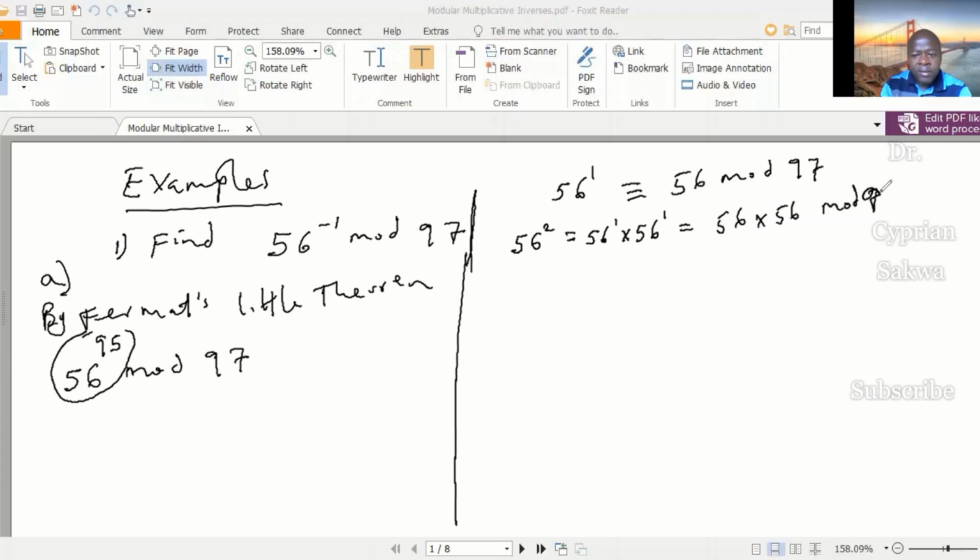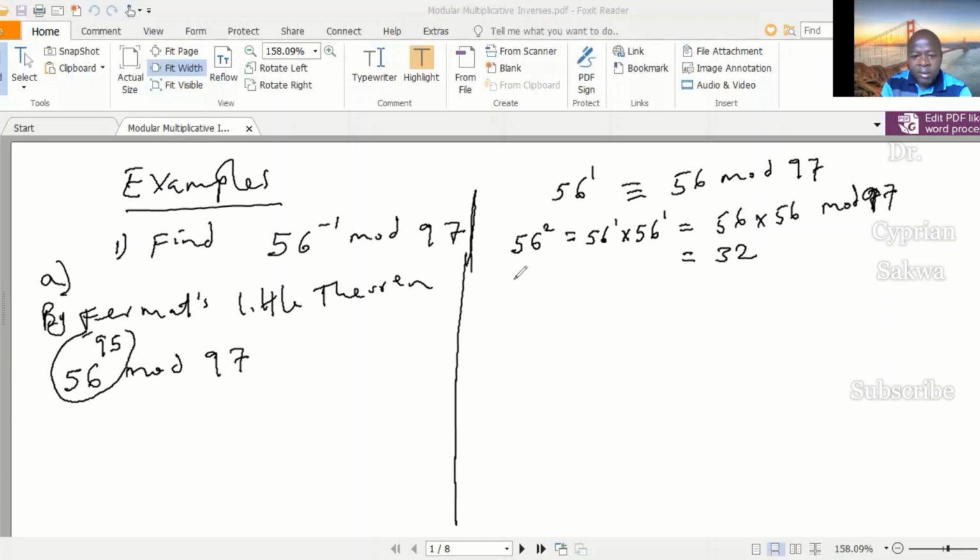So we're asking what the remainder is if this number is divided by 97. When you use your calculator, the remainder will be 32.